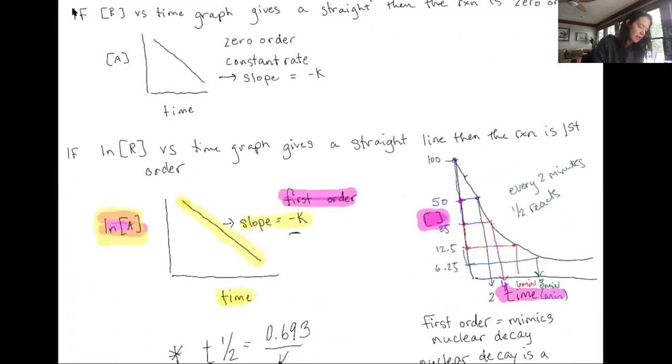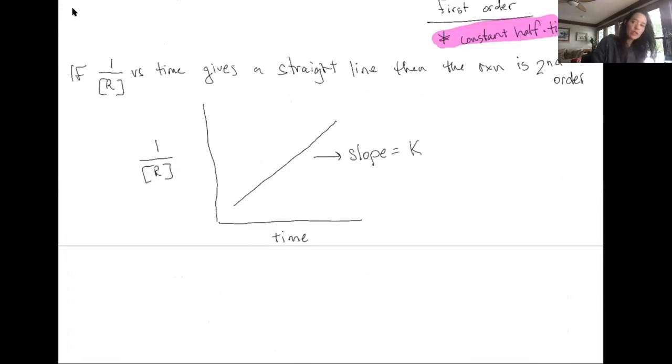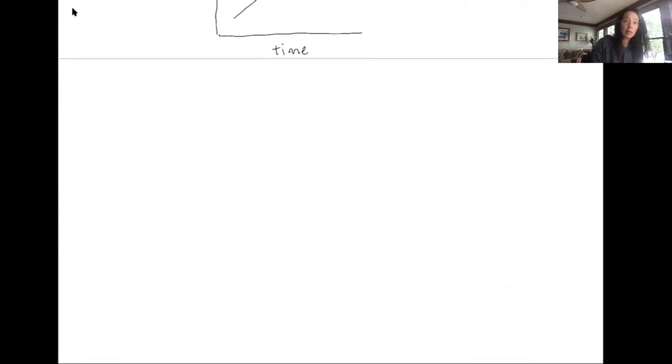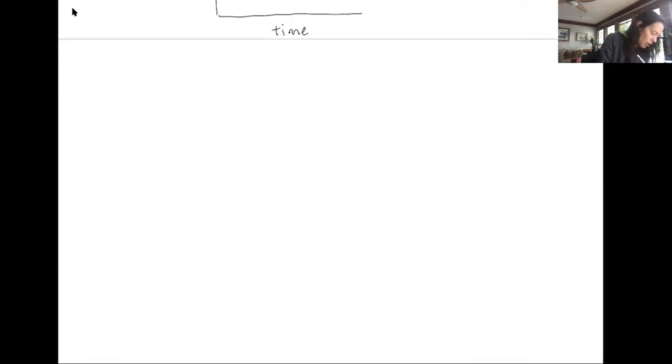Now let's look at our integrated rate laws, okay? Which, as I said in the beginning, will integrate time into them. So we will have three: one for zero, one for first, one for second. So let's have our zero order integrated rate law. Okay.